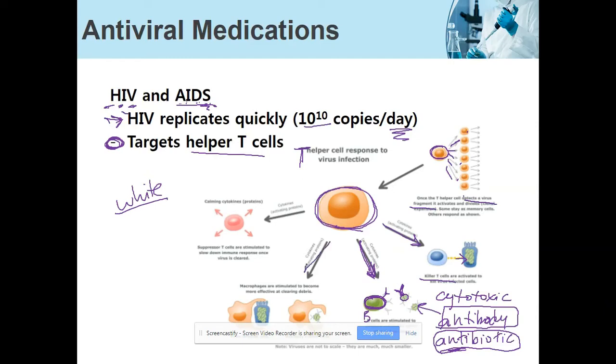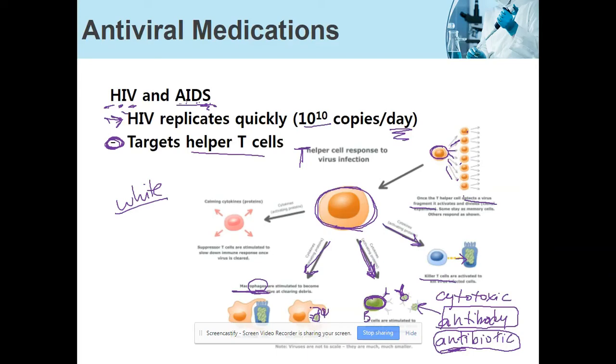Helper T cells also tell macrophages, which are our big blobby white blood cells that we most commonly think of when we think of white blood cells. So macrophages, their job is to eat things. This phage means eat, gobble. And so what a macrophage will do is it'll engulf, here's a virus covered in antibodies.